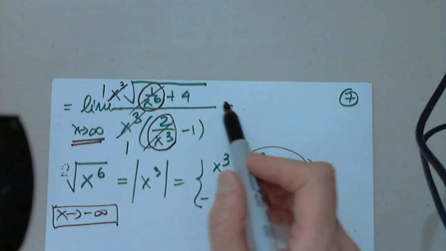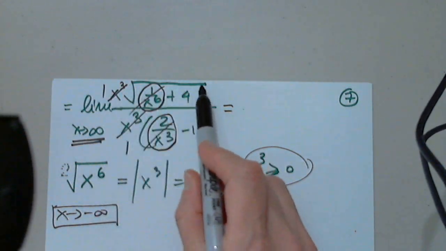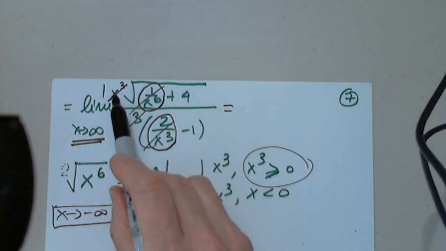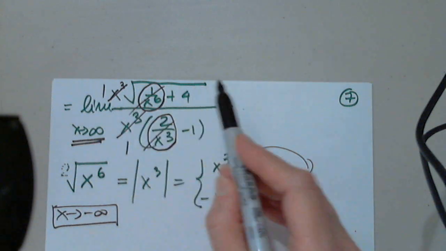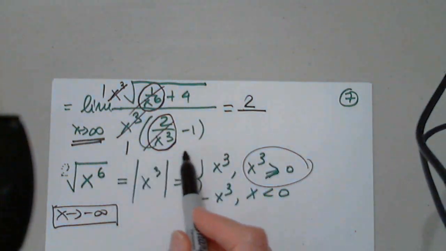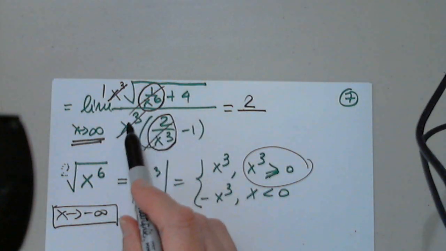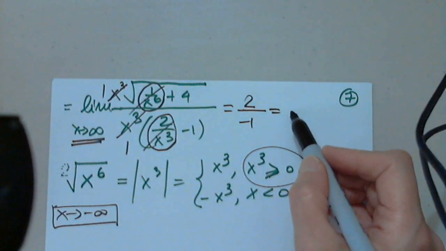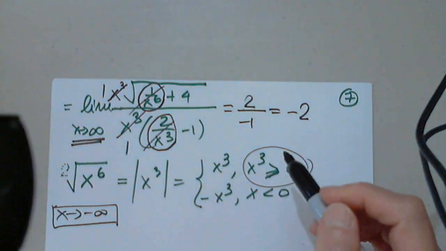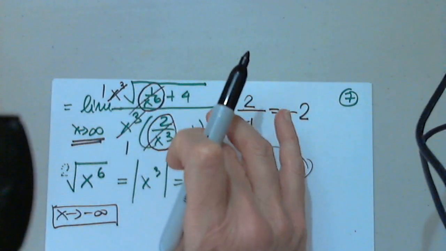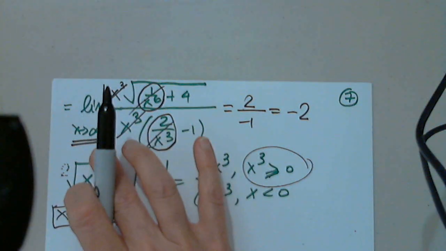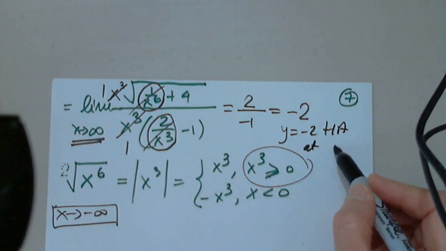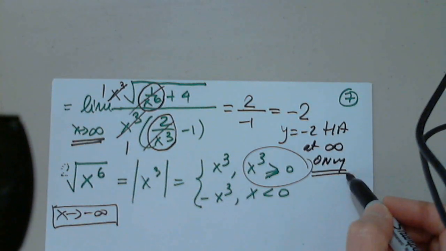Where is the numerator going as x approaches infinity? 2. Yes. Where is the denominator going as x approaches infinity? Negative 1. Good. And the limit is? Negative 2. Good. Because this is not a pure rational function, we can only say that y equals negative 2 is a horizontal asymptote at infinity only.